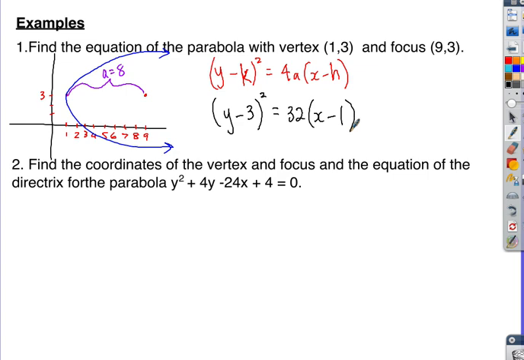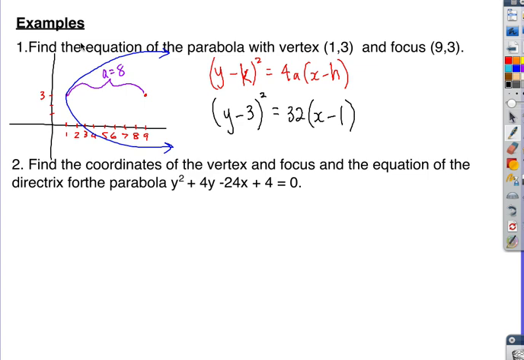Alright, last example, I'll give you a chance to write it down. So, we're going to do exactly what we did before. To find the equation of a parabola, it's got to be in this special form. And to get it in that form, if it's not, you always have to do the same thing, which is complete the square.